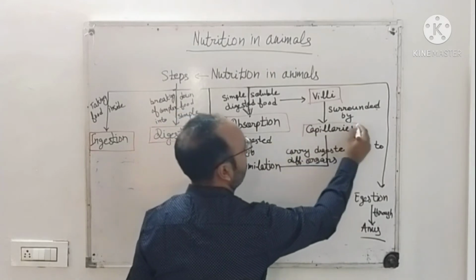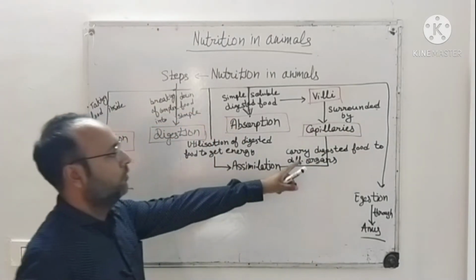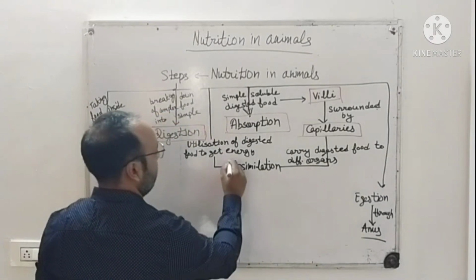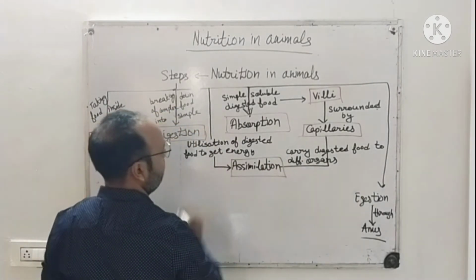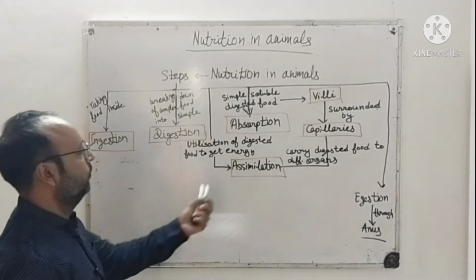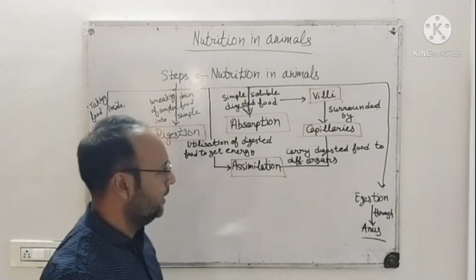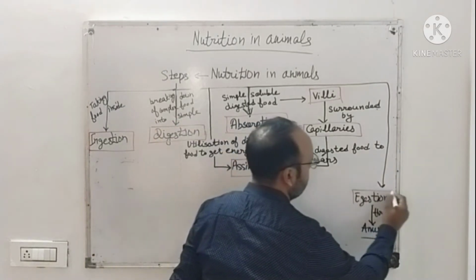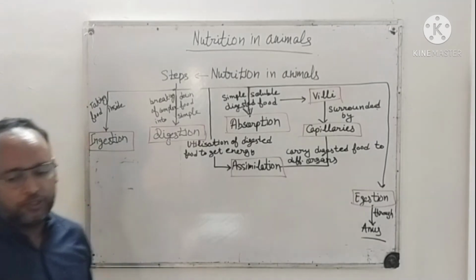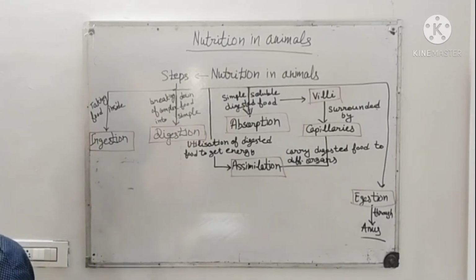Villi are surrounded by capillaries, which carry digested food to the different organs, and that process is also known as assimilation. Assimilation is also the utilization of digested food to get energy. Then last but not least, we have egestion, that means throwing out the undigested food which is not required.